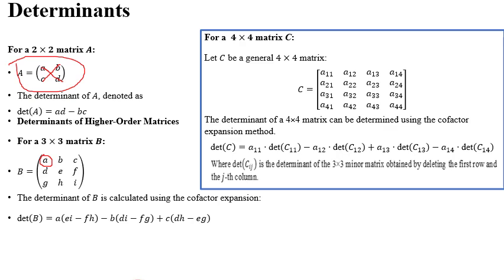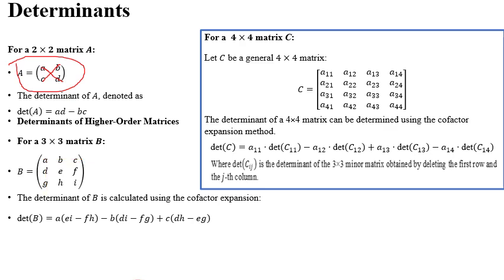The column where that element is found and the row where that element is found, you can cover in this way. So you'll be left with a 2 by 2 matrix. So what you do is look for the determinant of this 2 by 2 matrix here, which is this, as determined earlier. And that is for the first element in the row.